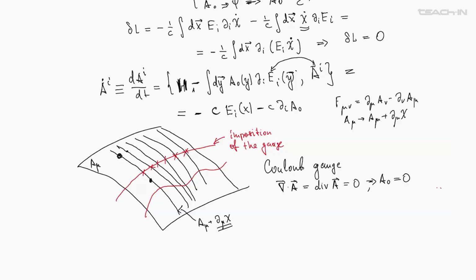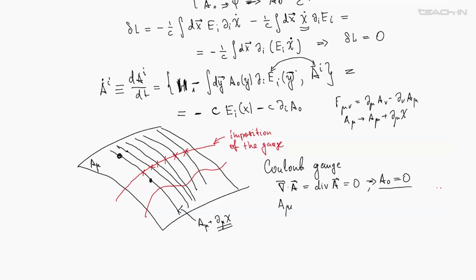Now, solving algebraic equations of motion for A0, which comes into the equations without time derivative, we remove A0, and then we impose one more condition, divergence of A equal to 0, which effectively removes another component of A mu.